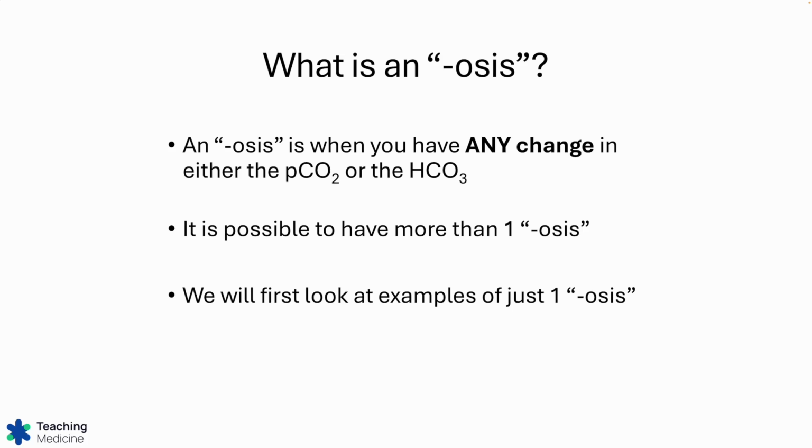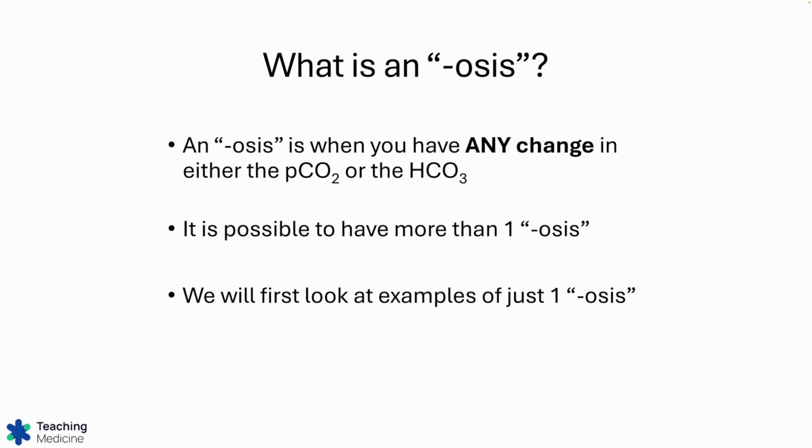So what is an osis? An osis is when you have any change in either the PCO2 or the bicarb. And it is possible to have more than one osis process at the same time. For example, both the PCO2 and the bicarb could be elevated, or both of them could be reduced.